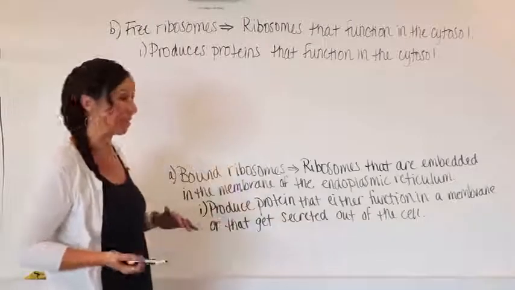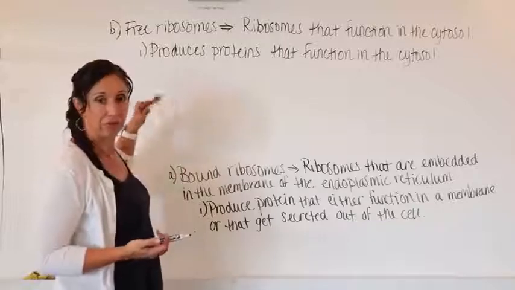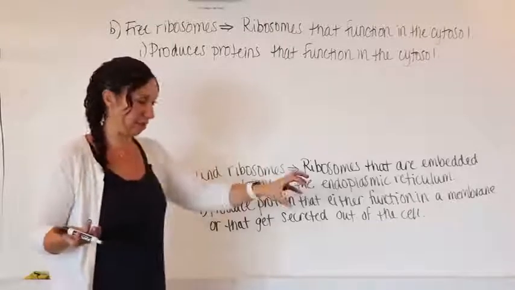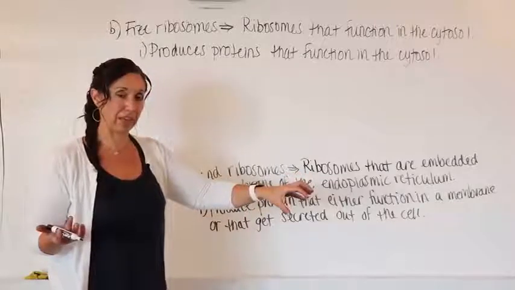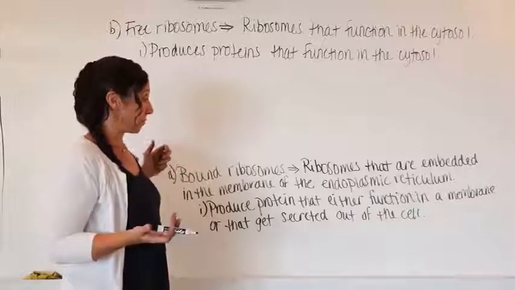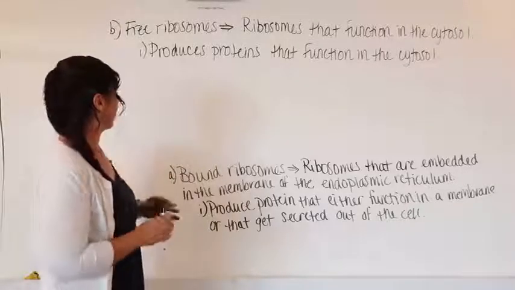Now here's what's really neat. Ribosomes can switch from being bound to free and free to bound. They could just plop themselves into the membrane of the endoplasmic reticulum and then remove themselves if they need to. And so they're very flexible when it comes to making protein.